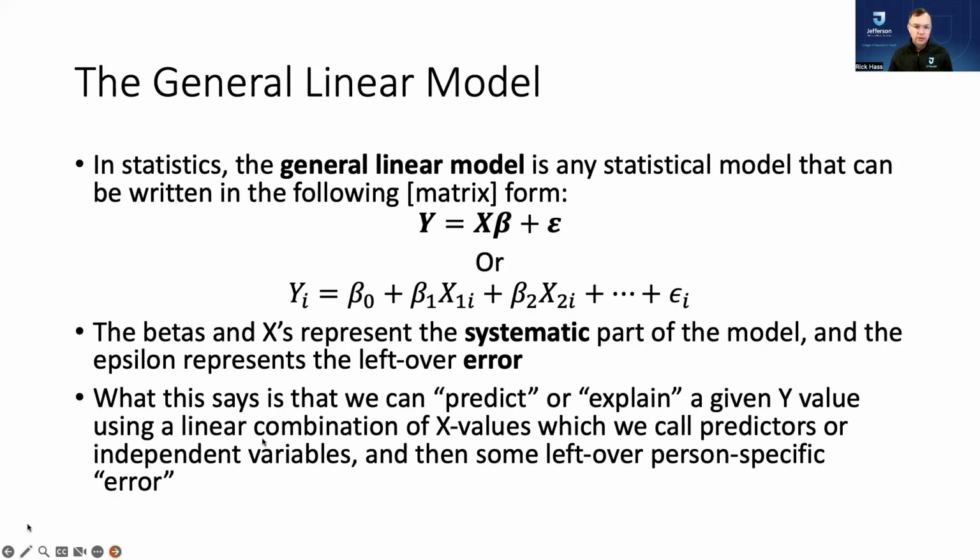And so what this equation is saying is that we can predict or explain a given Y value, somebody's cholesterol, using a linear combination of what we call predictors, other things about the person or the context that they're in: their age, what sex or gender they are, racial or ethnic group, systolic blood pressure.